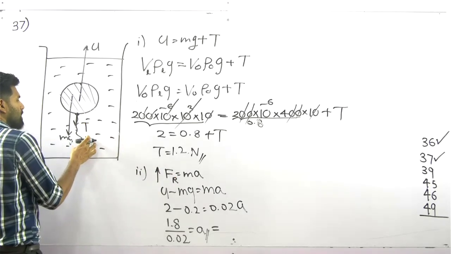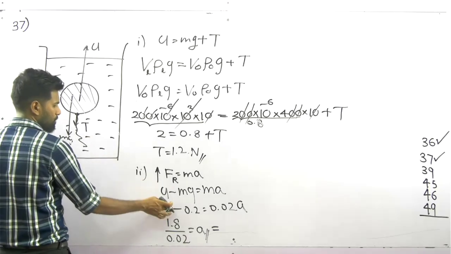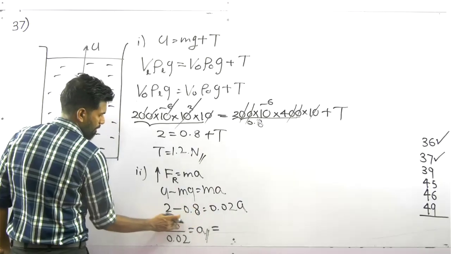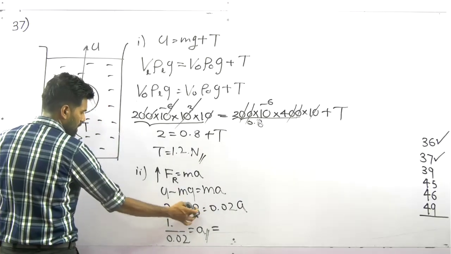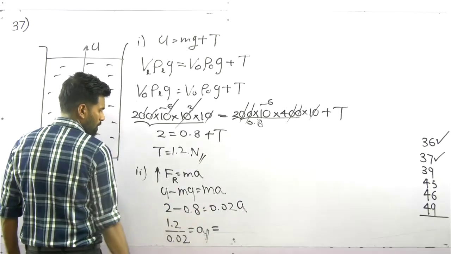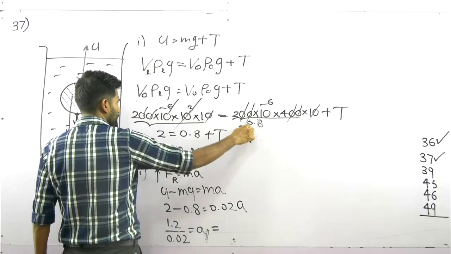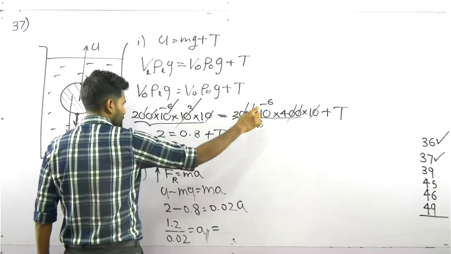After the string is cut, the resultant force is U minus mg. U is 2, mg is 0.8, so U minus mg is 1.2. As the weight is 0.8, the mass is 0.08.